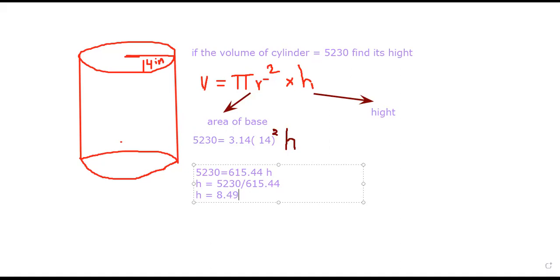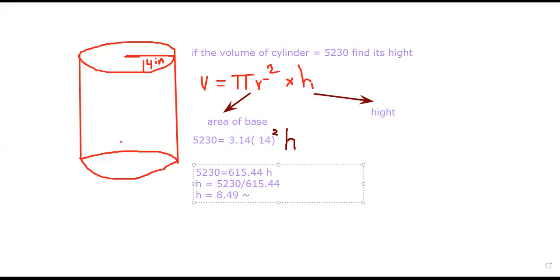And we can say approximately it will be how many? 8.5. Exactly. So approximately h equals 8.5.